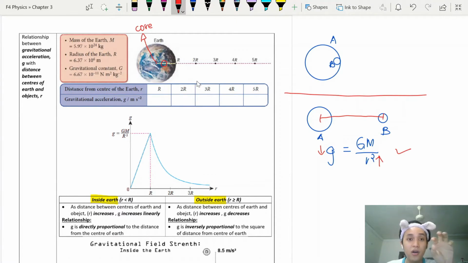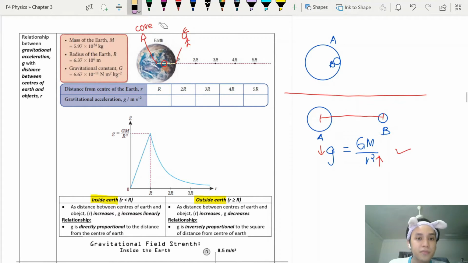You need to understand that all objects on Earth, whether humans, grass, or water, are on the surface of the Earth. So we are here, you are here, that is you. Everything that you see on Earth is actually on the surface. Now this one is saying inside Earth, meaning as you go nearer to the core of the Earth.